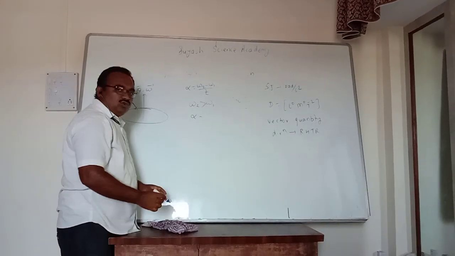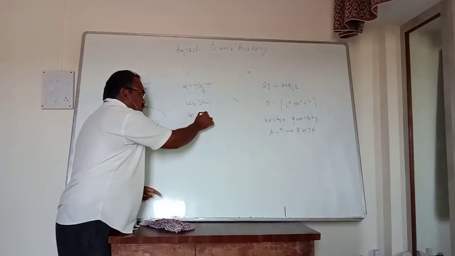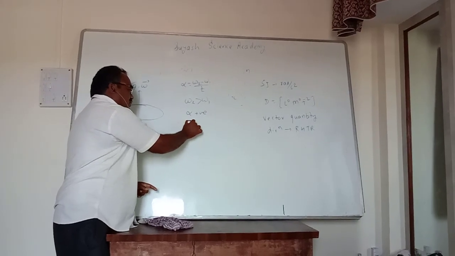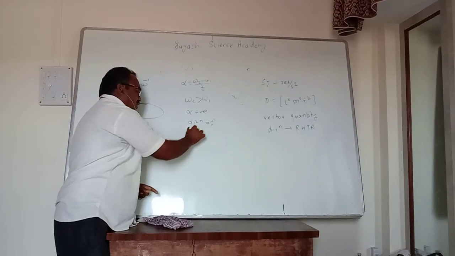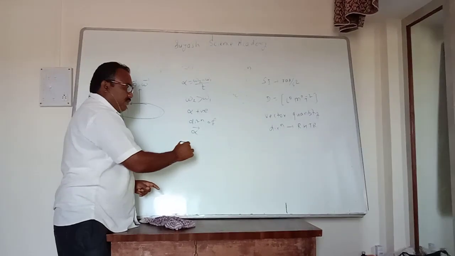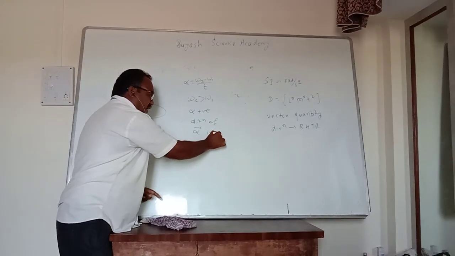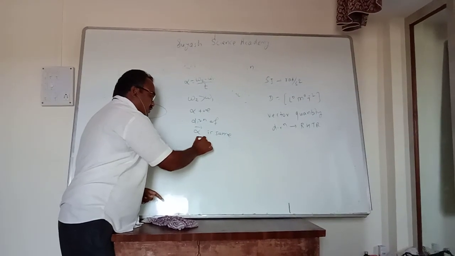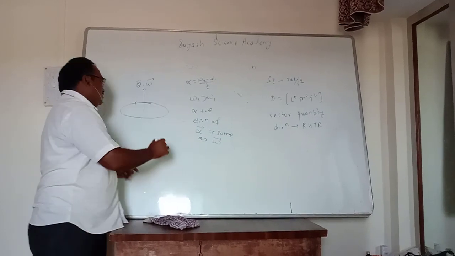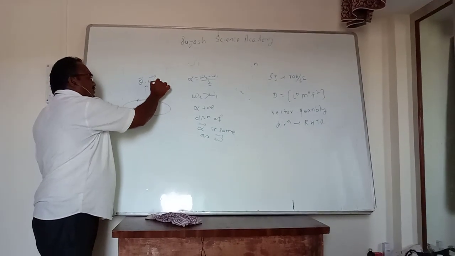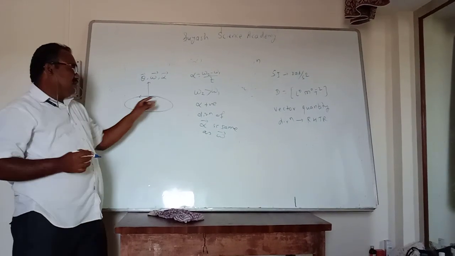If omega 2 is greater than omega 1, then alpha is positive. Therefore the direction of alpha bar is the same as omega bar.